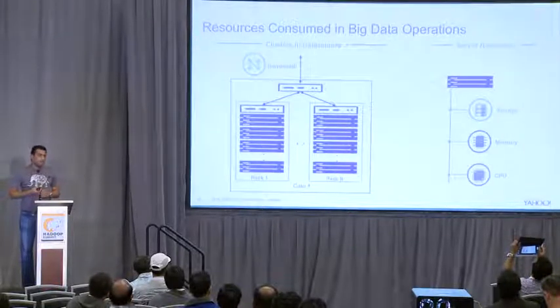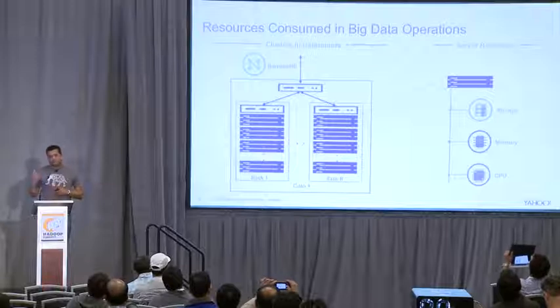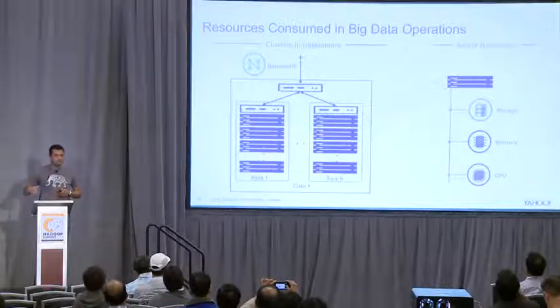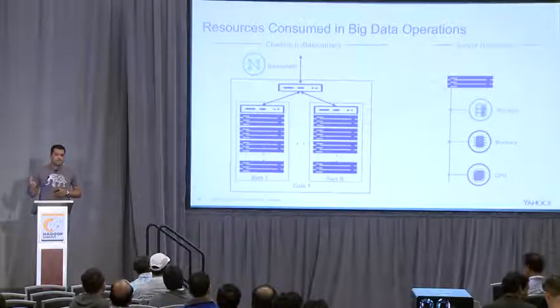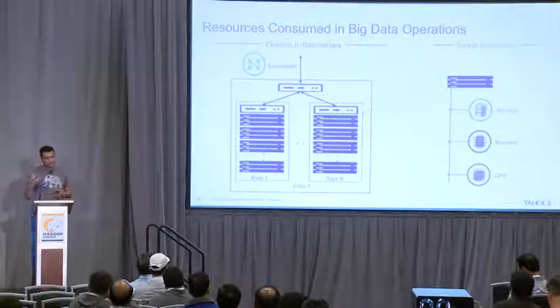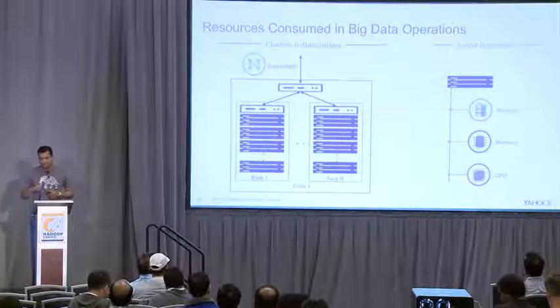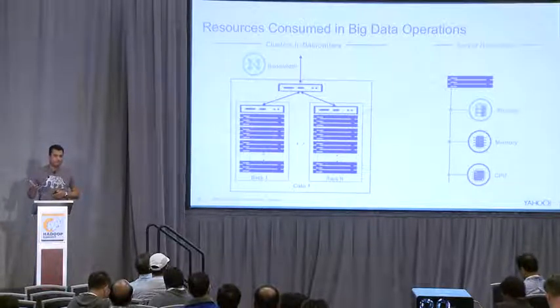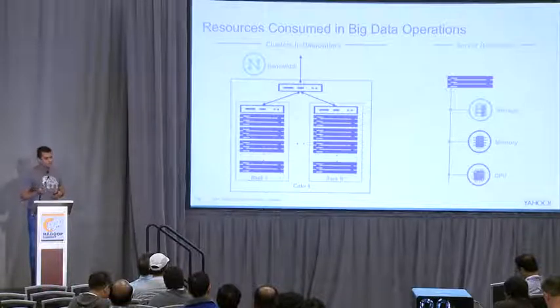Okay? So from a customer standpoint, or consumer standpoint, who's consuming these services, resources are what's important to them. And when you think about resources in a Hadoop infrastructure or any big data infrastructure, there are really just four that the customers care about. The bandwidth is one, right? So the transfers in and out of clusters.